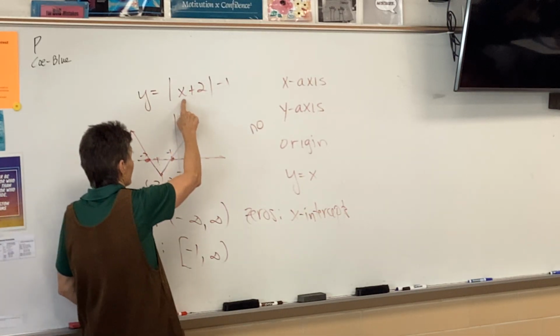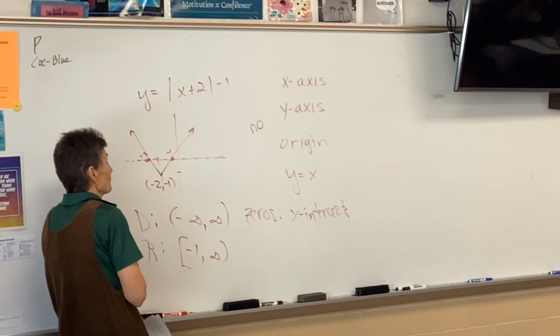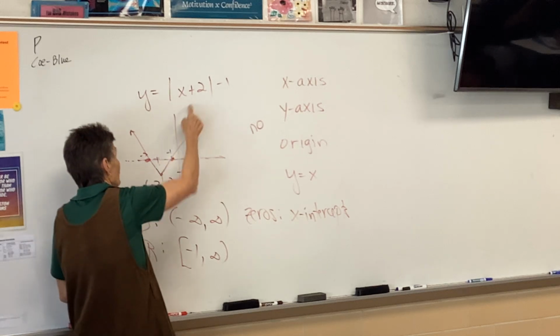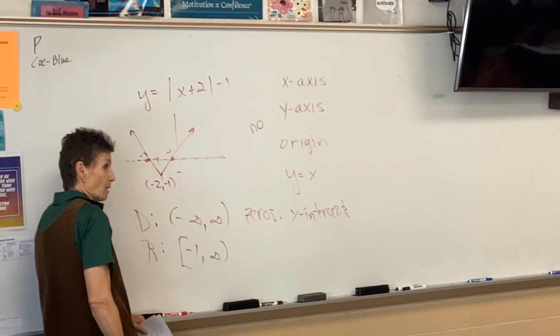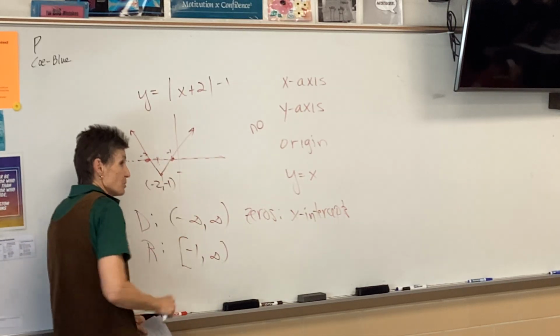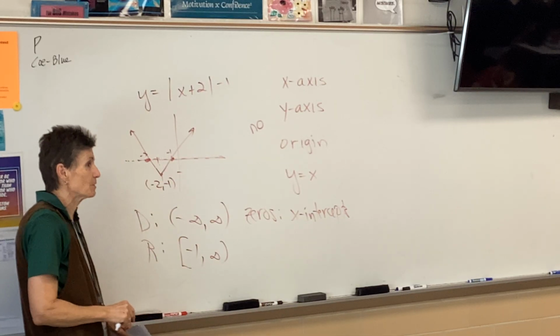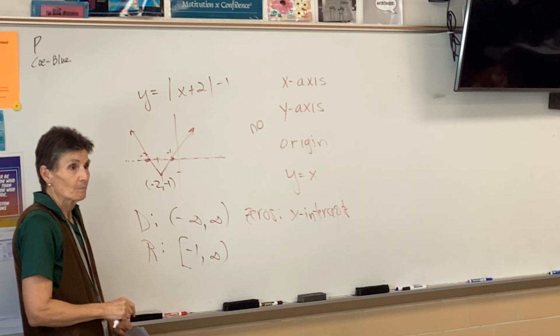If I put in -1, do I get 0? Negative 1 plus 2 is 1, and 1 minus 1 is 0. How about if I put in negative 3? Negative 3 plus 2 is negative 1, but the absolute value is 1, and 1 minus 1 is 0.